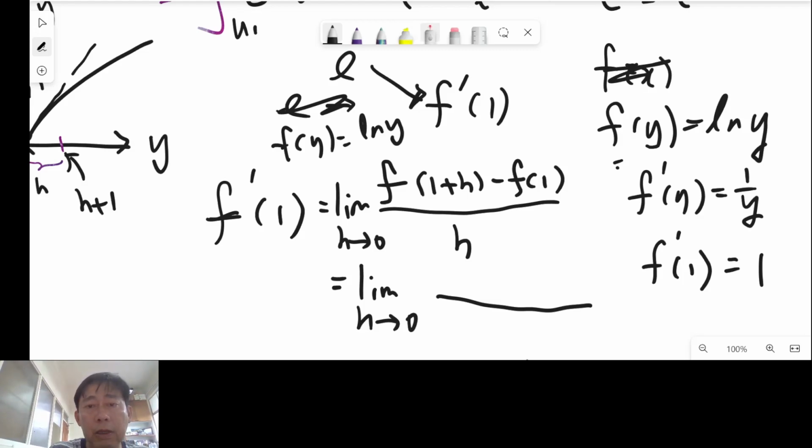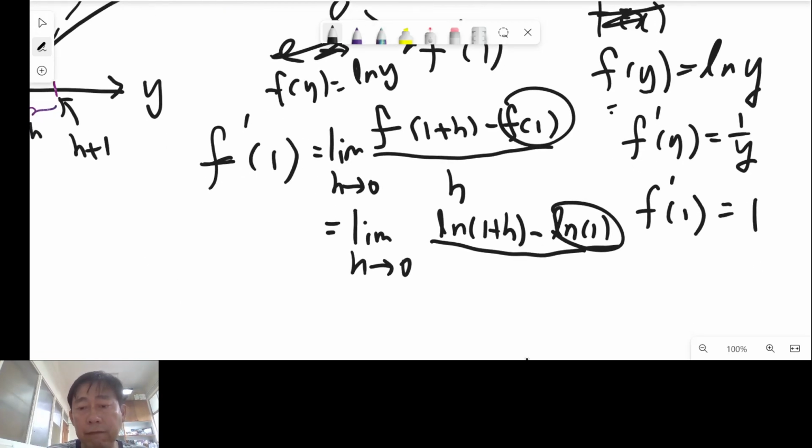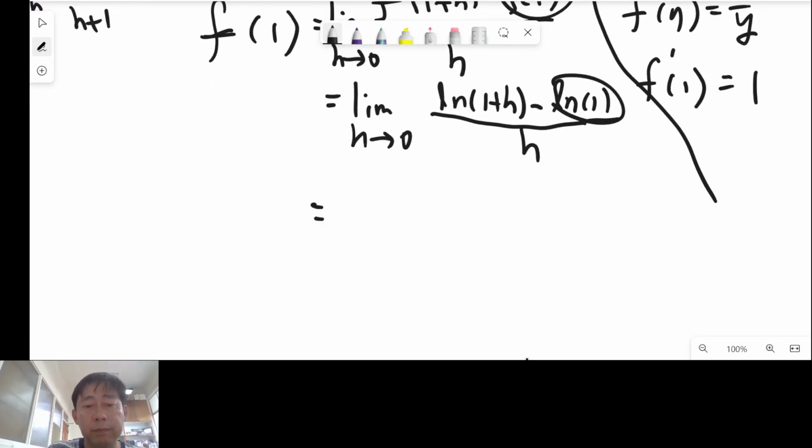So f at 1 plus h is nothing but the log at 1 plus h minus the value of the log at 1, and then I have h downstairs. Okay, so we proceed. Copy down the limit procedure. So log of 1 is 0.